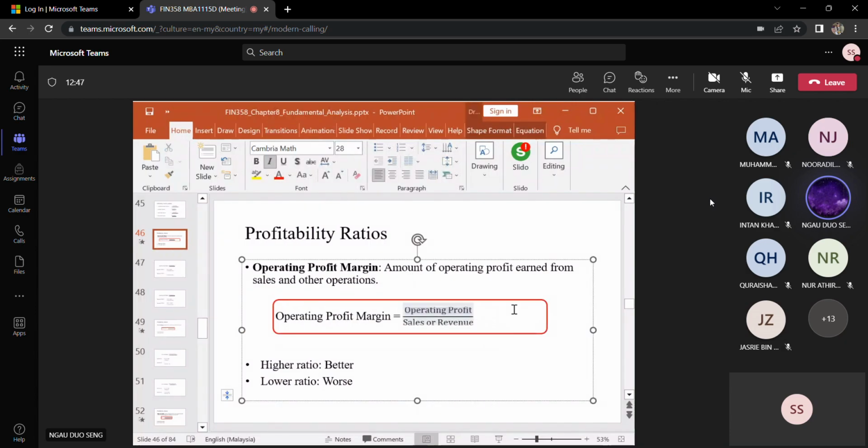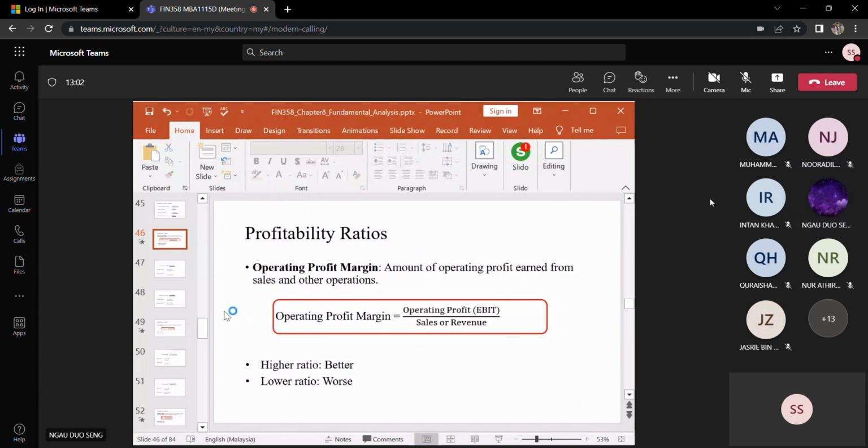So EBIT, operating profit, divide by sales or revenue. So for this one, we are profitability ratio.